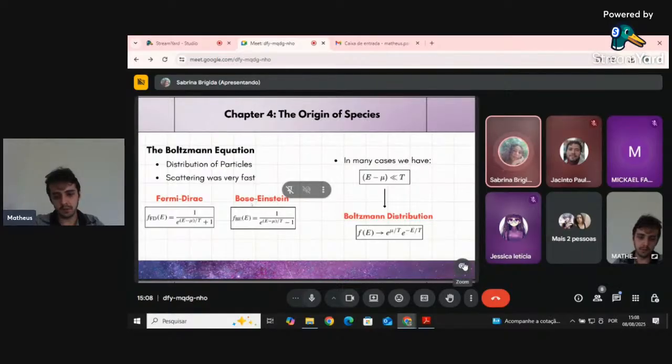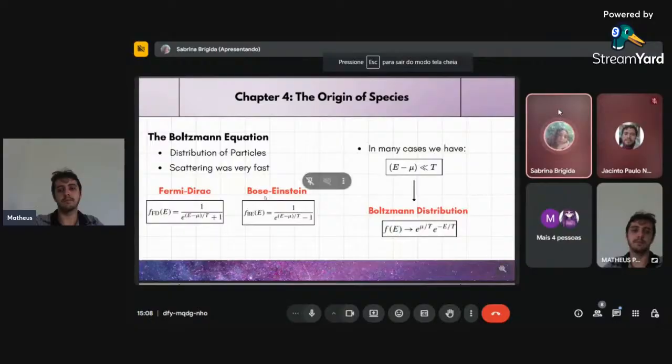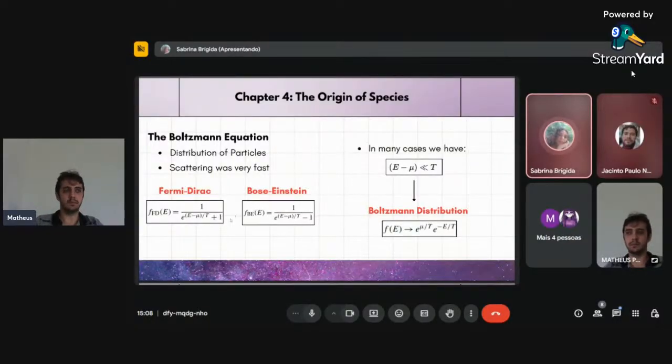This happens because the scattering process typically enforces kinetic equilibrium. So we have here the Fermi-Dirac and the Bose-Einstein distributions, and the behavior of the particles can be fully described by the temperature and the chemical potential as functions of time.